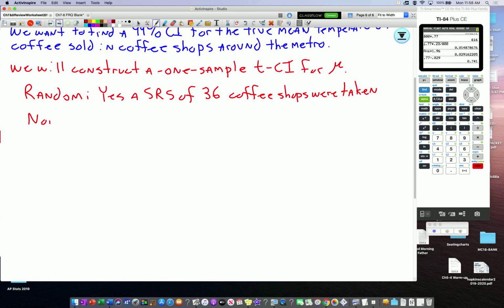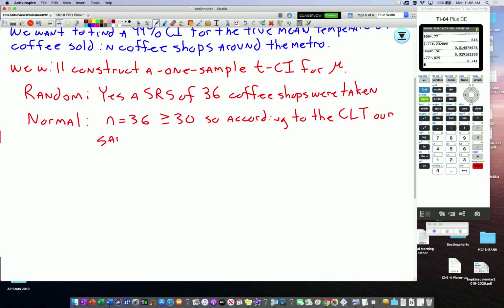Normal. Okay, so now n in this case equals 36. This is greater than or equal to 30, so according to the central limit theorem, our sampling distribution is approximately normal. Sorry, I'm starting to abbreviate here. As you can tell, I'm even getting tired writing these a little bit. All right, independent.